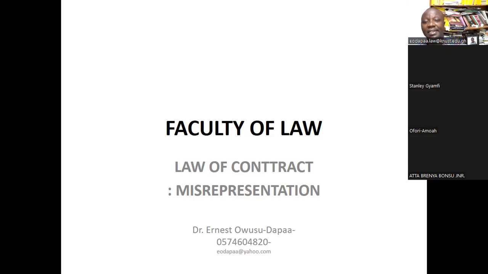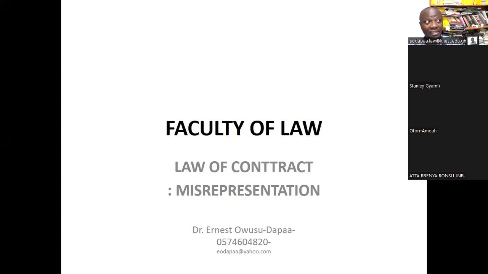But in limited instances where equity applies, the mistake, as we noted, will not necessarily render the contract void, but voidable, in which case a party can take steps to have the contract set aside or avoided so that he or she is liberated from the effect or the consequences of such a contract, which is vitiated by mistake. So let us keep that in mind.